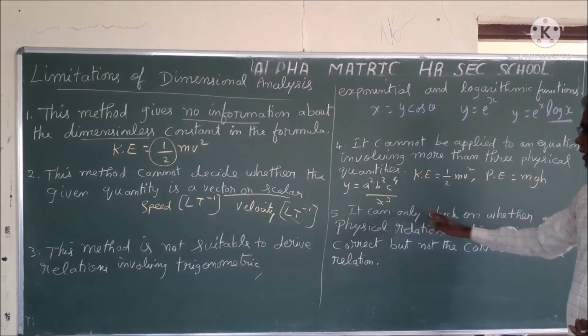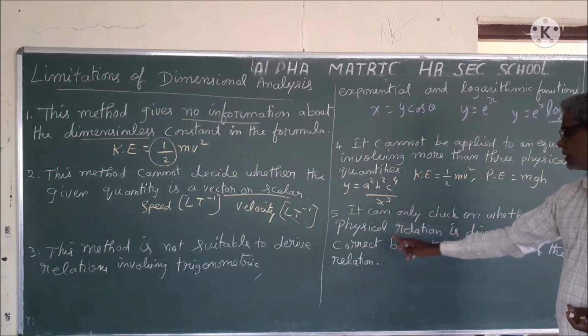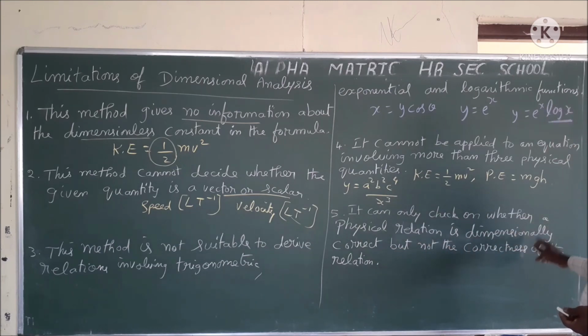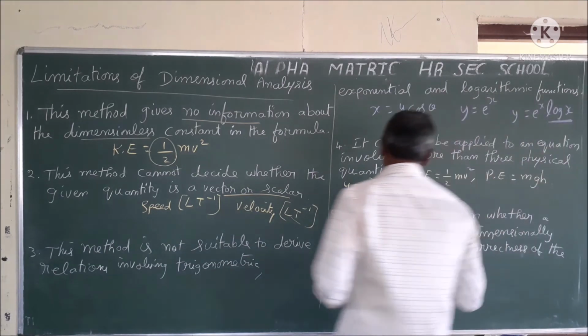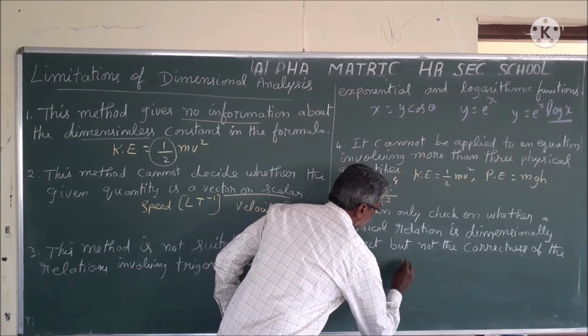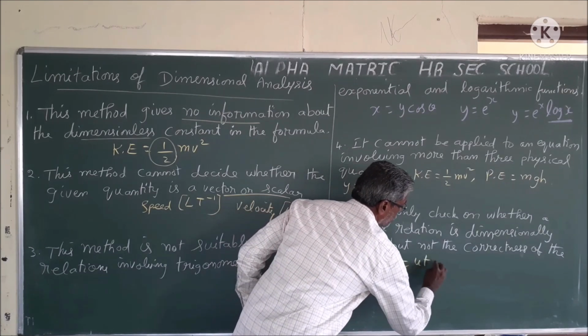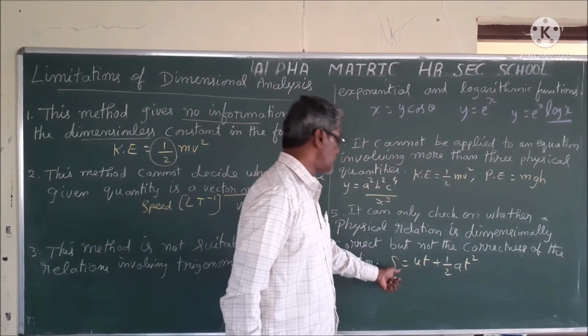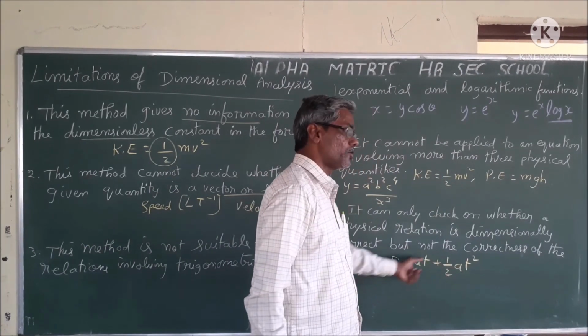Next, we can only check whether a physical relation is dimensionally correct, but not the correctness of the relation. That is, s is equal to u t plus half a t square. This is dimensionally correct and the equation is also correct.